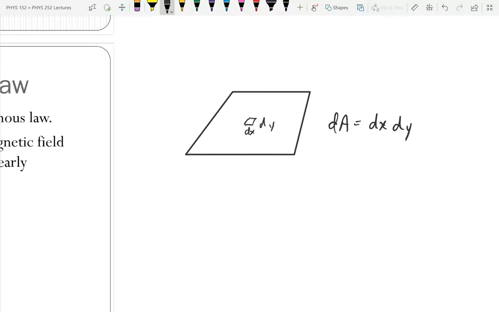Now you notice I showed that as not a vector, right? The vector is going to have a direction with it, and the direction for the vector is always normal to the surface. So the direction of the vector is going in the direction out of the surface.